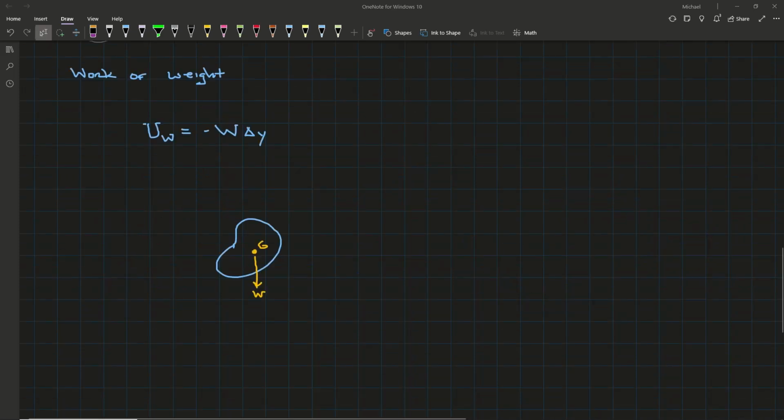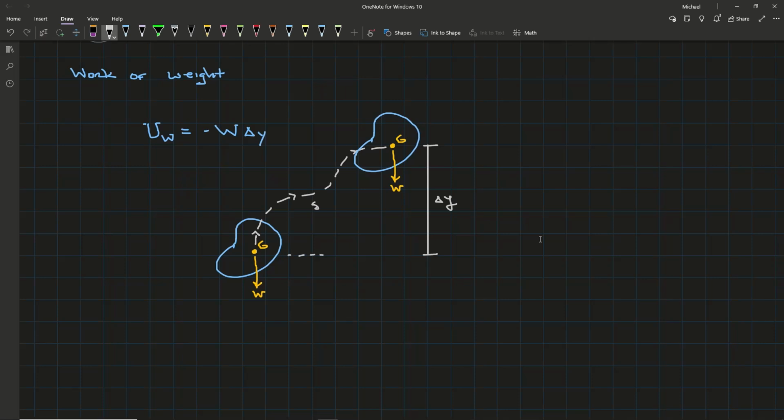The work of weight can be represented by this relationship where minus W is multiplied by a delta Y, where delta Y is the vertical distance raised regardless of the path taken. This is if our datum is taken at the start position. If we start out higher and move to a lower elevation, then the work is positive instead of negative.